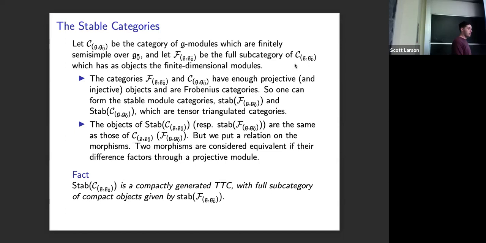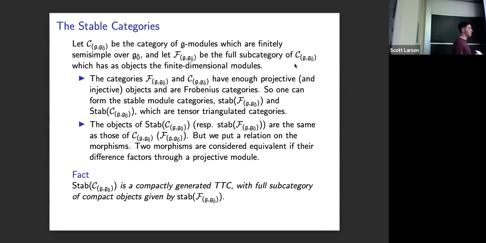So they're Frobenius categories, and we can form the stable category, where the objects are the same as those of C(G,G0), but there's a relation on morphisms: two morphisms are equivalent in the stable category if their difference factors through a projective.